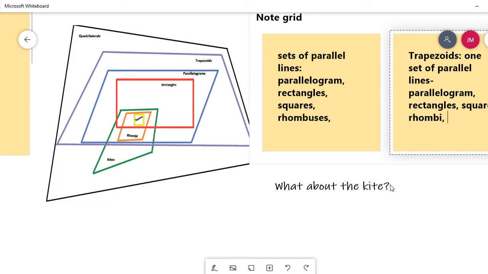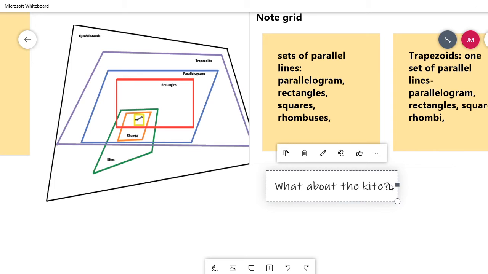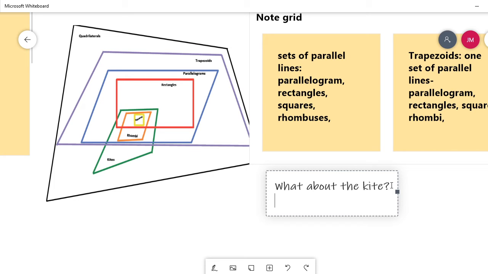Okay, so what about the kite? Well, let's get into that one right now. The kite is a quadrilateral. So let's just define it this way. Let me write this. A kite cannot be a square or a rhombus.